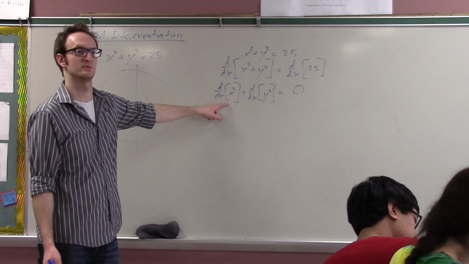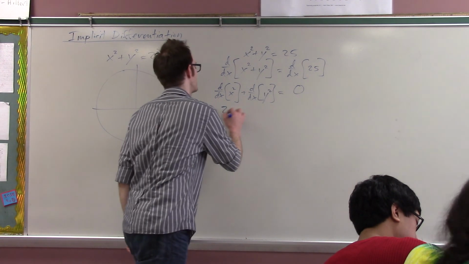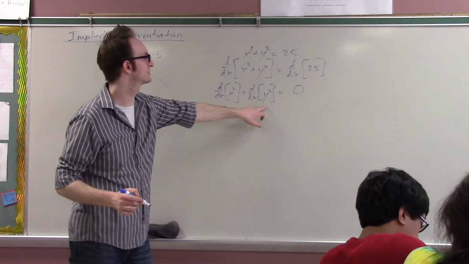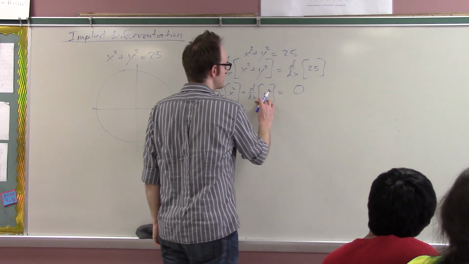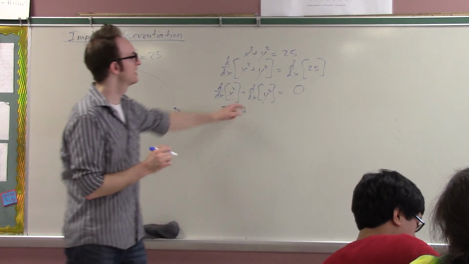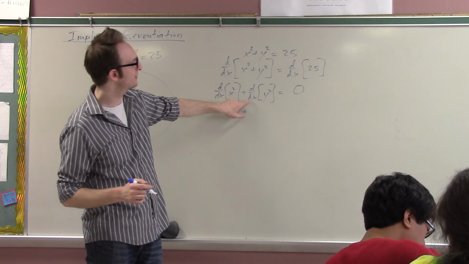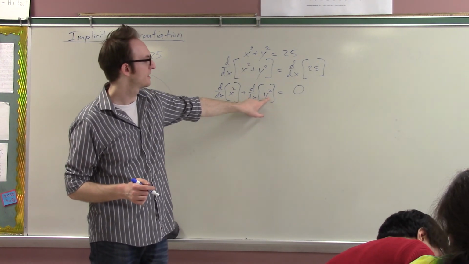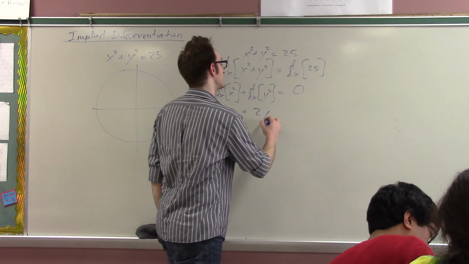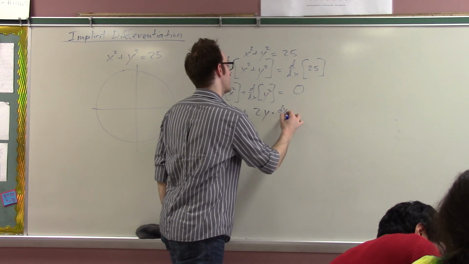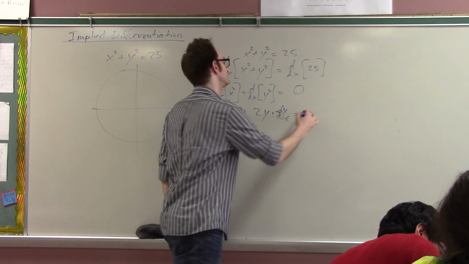This is 2x. And then 2y times dy dx. Since we've been doing this, you're kind of like, no big deal. This is y squared, but since we're differentiating with respect to x, the derivative of something squared is 2 times the something, times the derivative of the something.